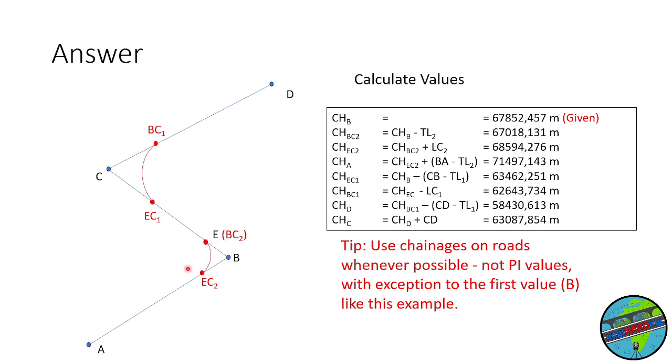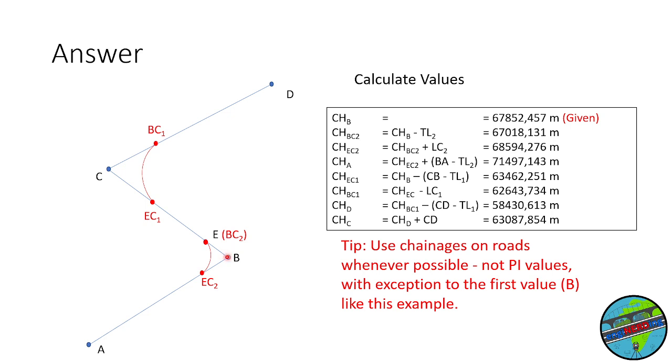Okay, so with that being said, we calculate our BC2, this value over here, by saying this chainage minus this length. And the reason why I say minus is because we have to consider that we are traveling along the road from D to basically to curves and to A. So the direction of what I indicated now.